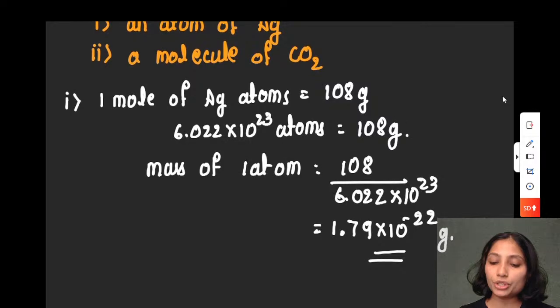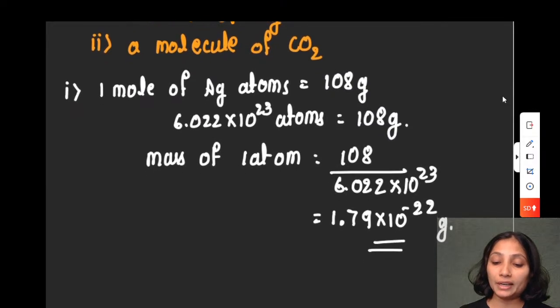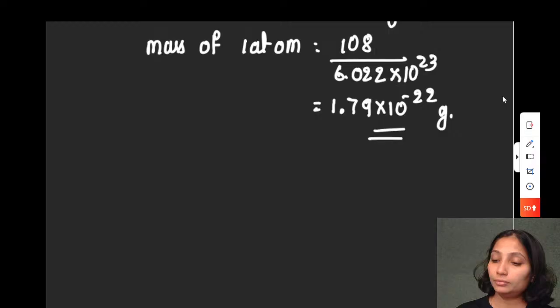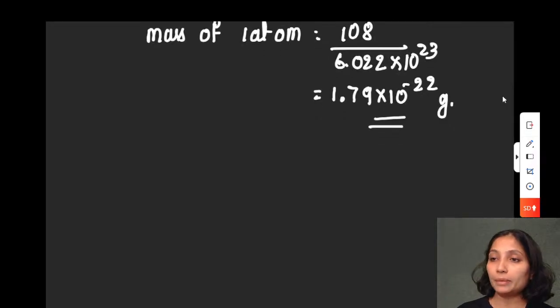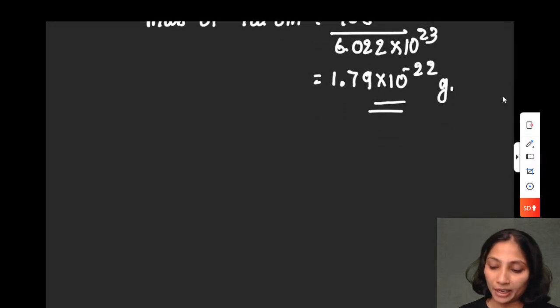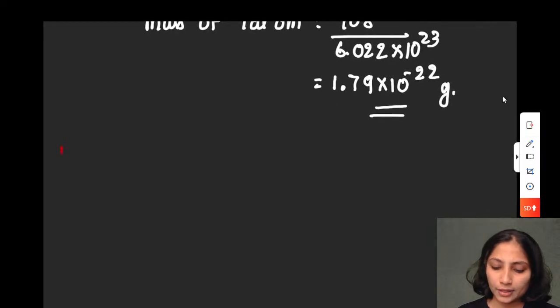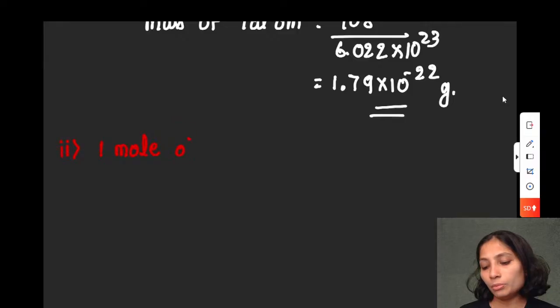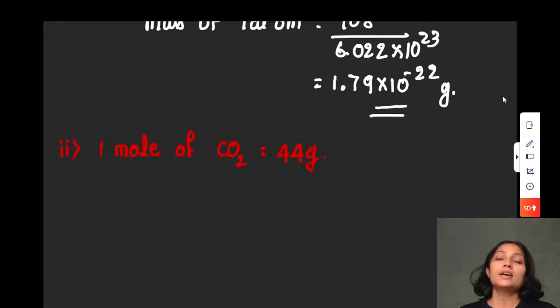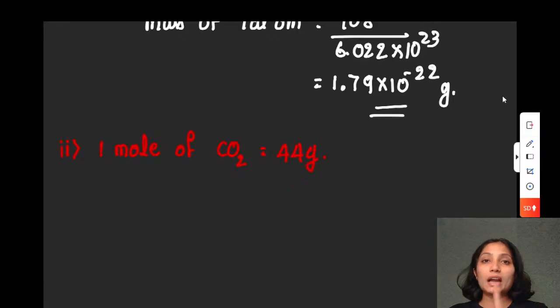And what is the second question? A molecule of carbon dioxide. To calculate the mass of a molecule of carbon dioxide, what do we have? Second one, 1 mole of carbon dioxide. 1 mole of carbon dioxide weighs how much? 44 gram. That is molecular mass. Molar mass is 44 gram. That means 1 mole of CO2.